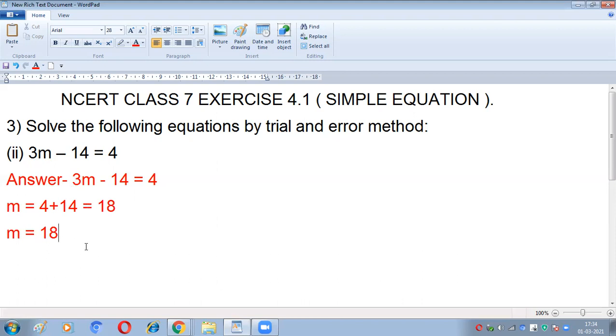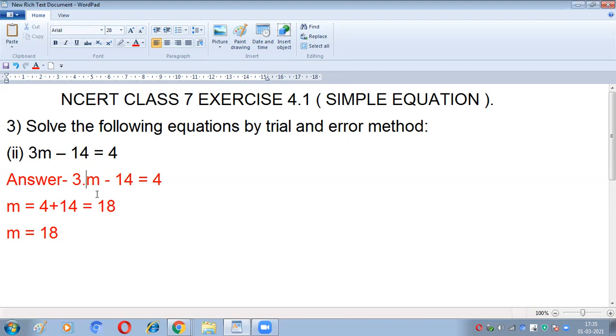As we have done in the previous question, we have just divided 15 by 5. So here our answer is 18, but now we have to divide it by 3, because 3 is in multiplication form.